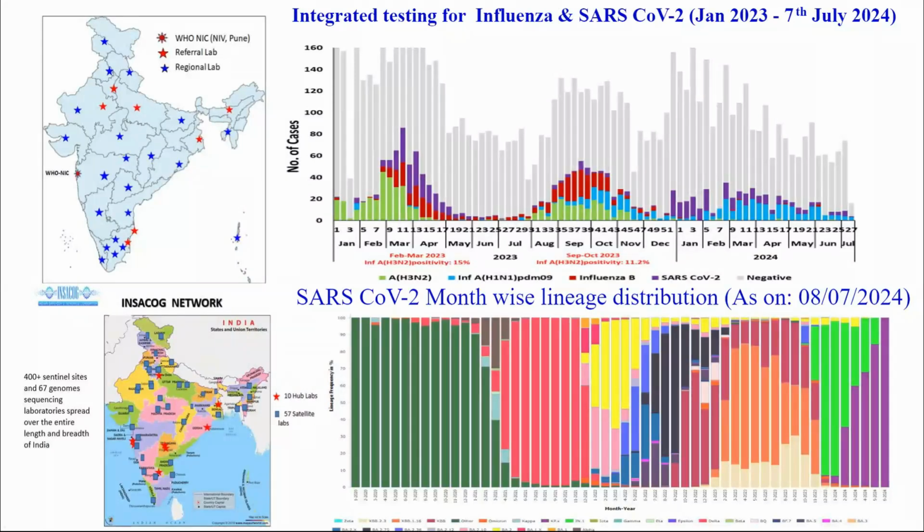Till date we are still monitoring SARS-CoV evolution in the country, and it has also been shared with global databases like GISAID, and in the country the data is shared with the policy makers to understand the impact of these variants on public health.